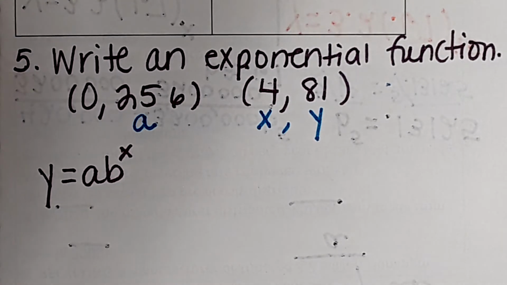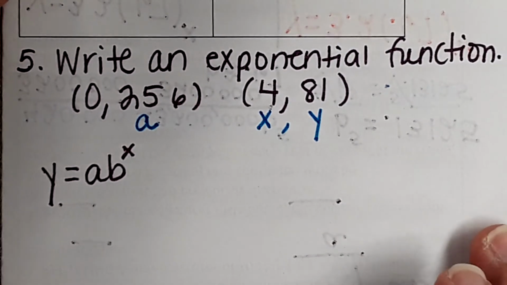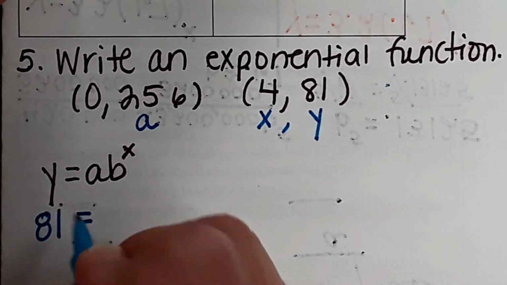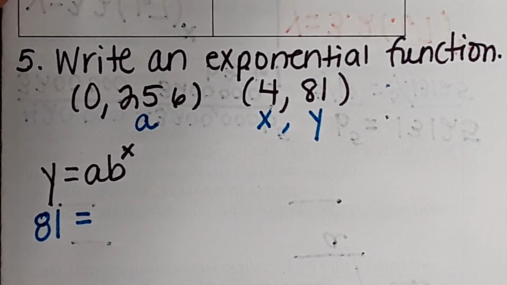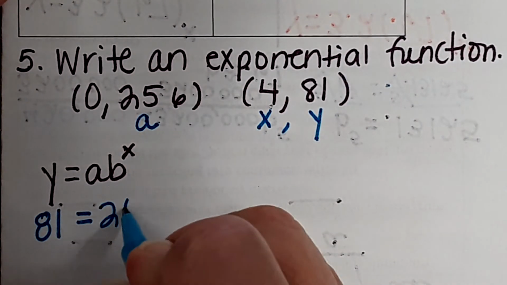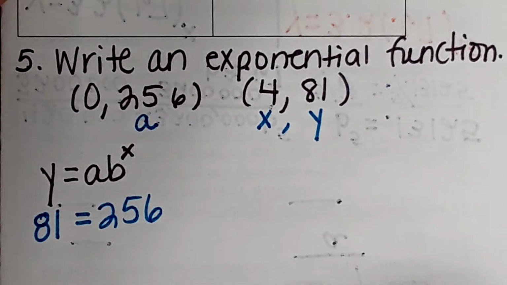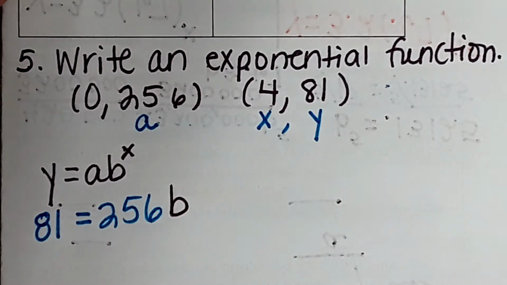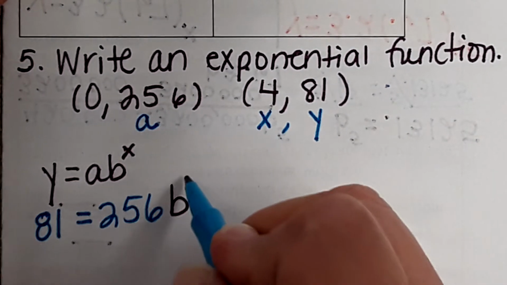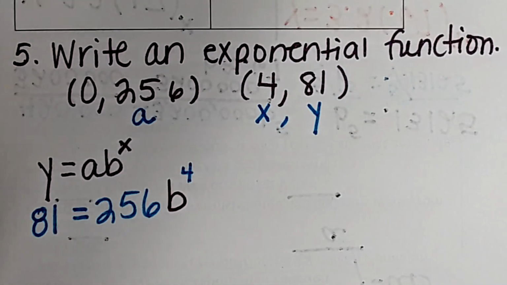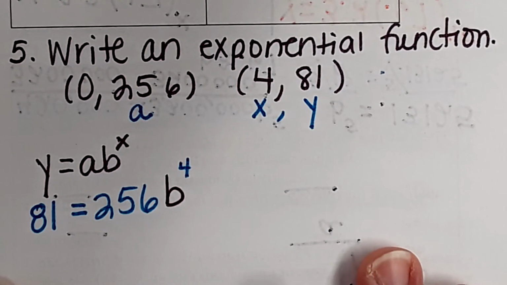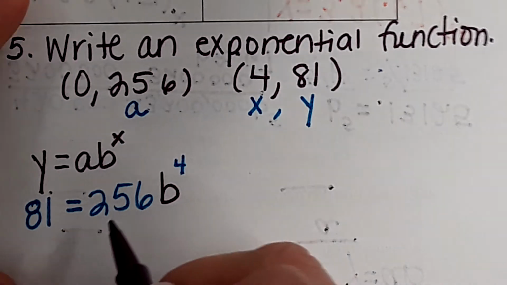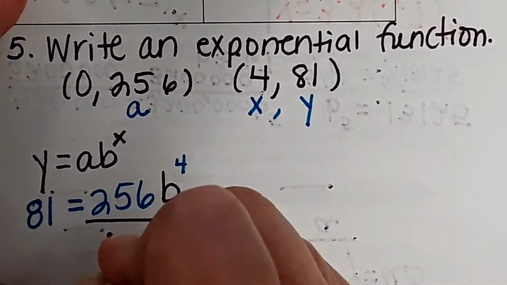So what is Y? 81. What is A? What is B? We don't know. What is X? Okay. How do we solve it? We're going to divide by 256.